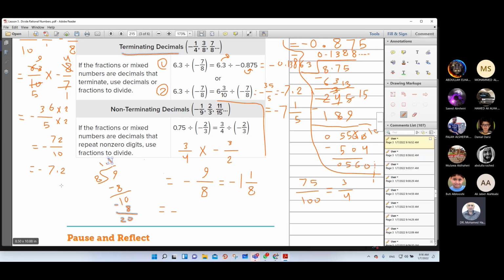Also, you can continue. 20 divided by 8 is 2. 2 times 8 will be 16. Now 20 minus 16 will be 4. You can continue with 0, 40. 40 divided by 8 will be 5. 5 times 8 will be 40. 40 minus 40 will be 0. So the answer as a decimal is 1.125.